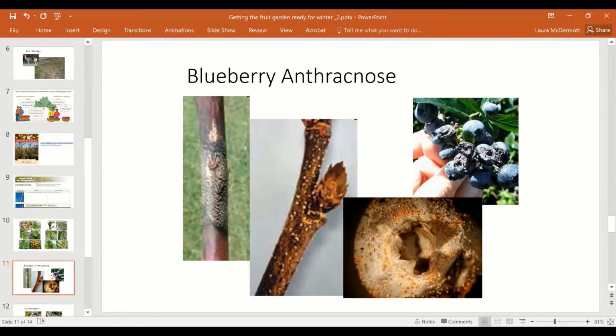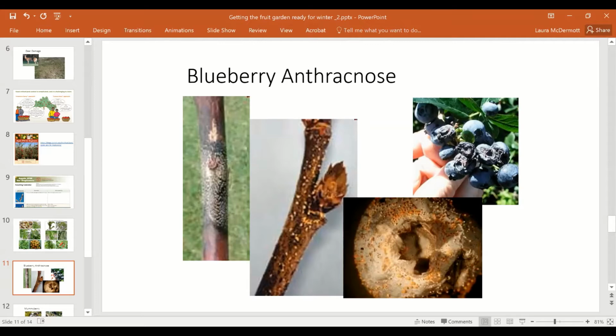So this is called blueberry anthracnose. It looks distinctive here. Certainly the fruit end of it is really distinctive. You see on that little dried up blueberry, it's very shriveled, and then down below you have the orangey pink pustules, and that stuff looks kind of oozy.